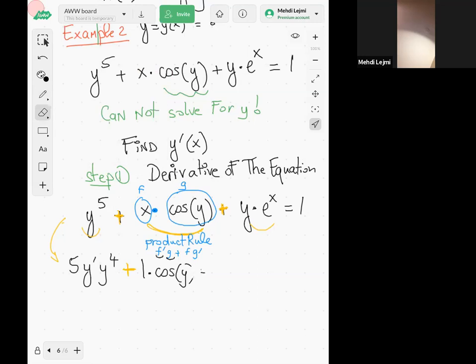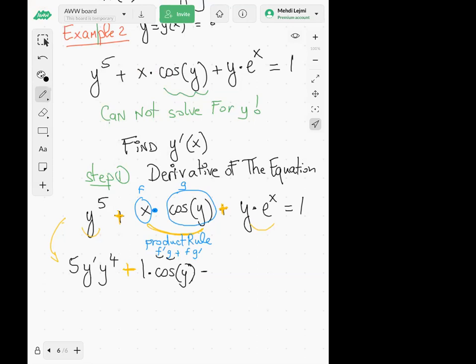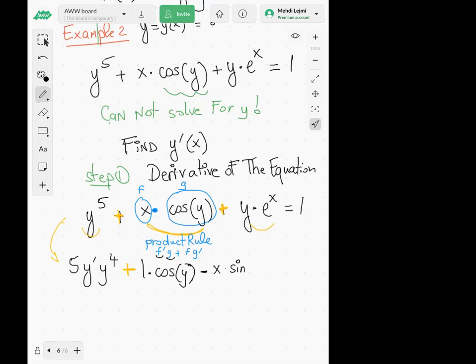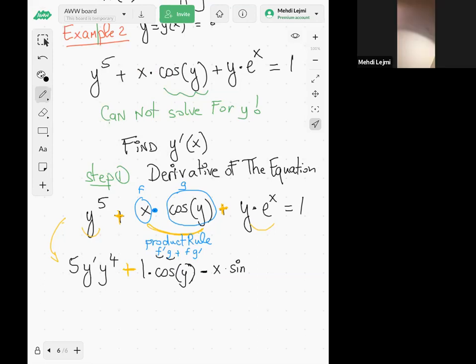So minus here. Minus x times sine, or just minus sine? You're saying x. Okay, minus x sine of y over cosine of y?